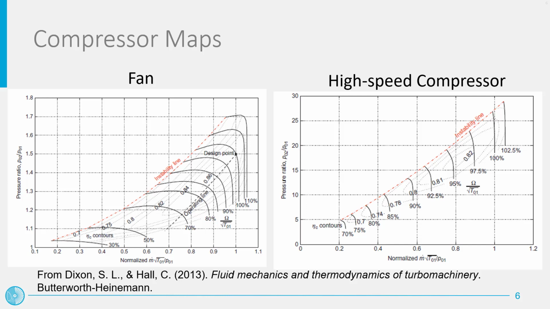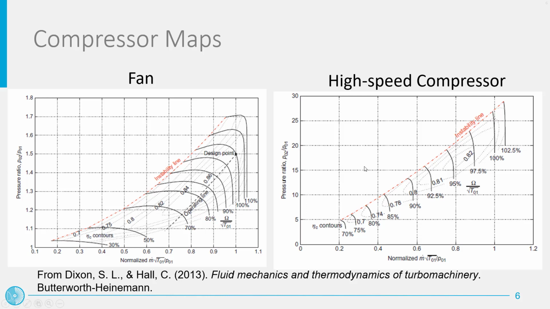Regarding compressors, their characteristic curves look much different from those of a turbine. First of all, compressor part load performance is typically presented in charts with the pressure ratio on the vertical axis and the so-called corrected flow on the horizontal axis. In the figure on the left-hand side of the slide, you can see the performance map for a transonic fan.